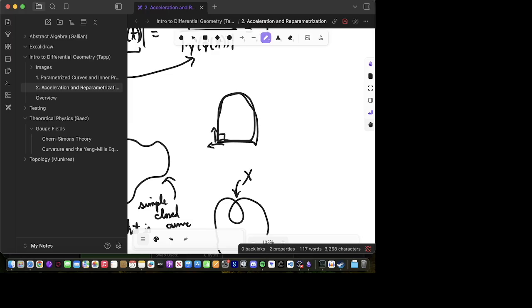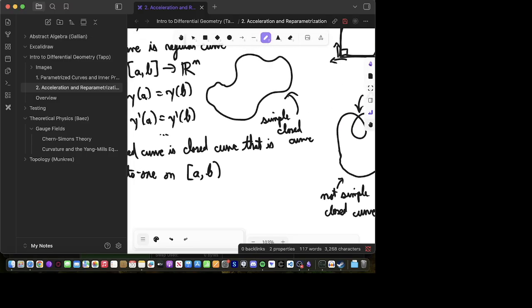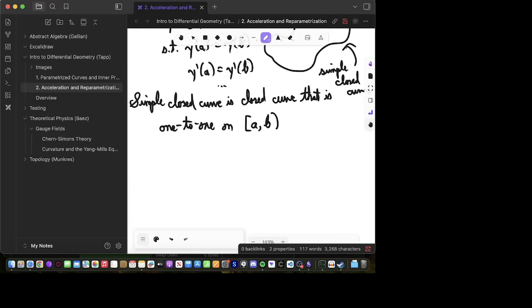So the derivatives do not match. So this is not closed. And obviously something like this is not closed. Even in the typical sense of the word, it's not closed. So those are some examples of curves.